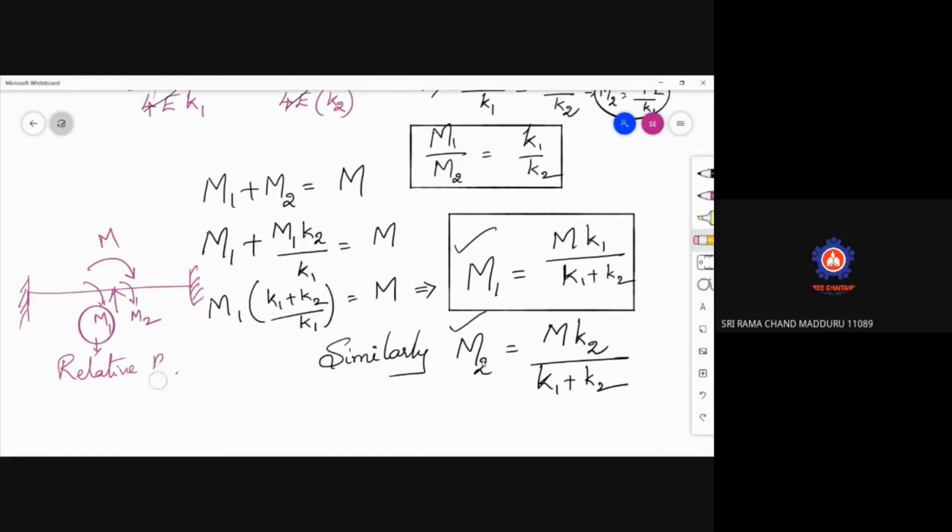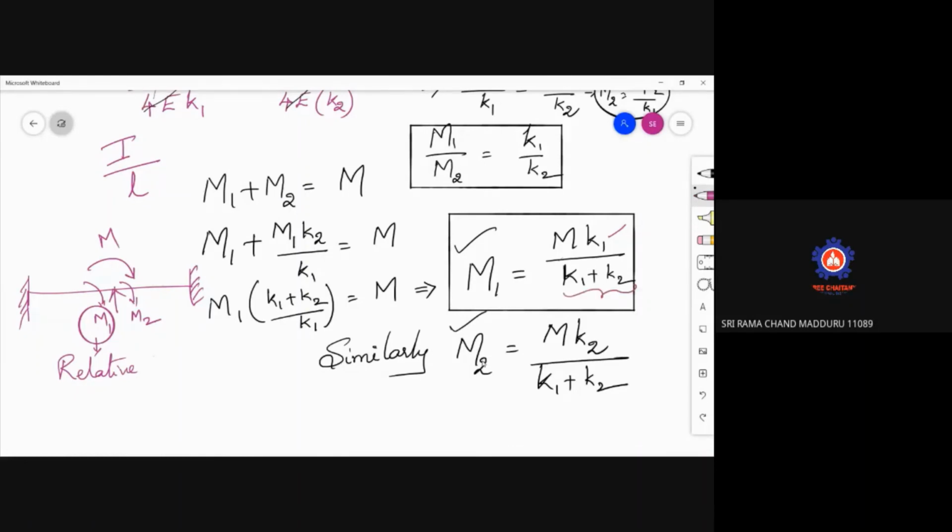Relative stiffness is nothing but I by L. So the moment is not simply distributed as half. It is distributed as M into the relative stiffness of the member by the summation of the relative stiffness at the joint, which is K1 plus K2.